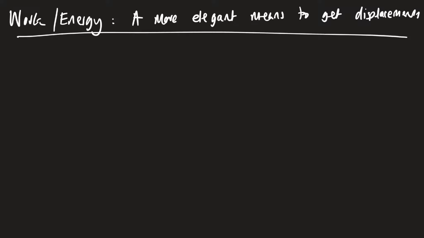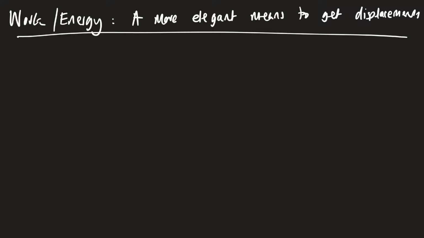So we'll say it's a more elegant means to get displacements. If we're using the previous method and we're just trying to work out displacements based upon geometry, we're relating stiffness and deformation. So that's our governing set of equations. It's Hooke's law, and it's valid and it works.